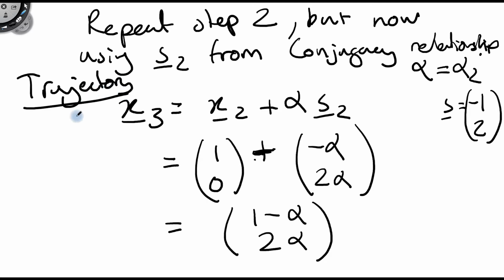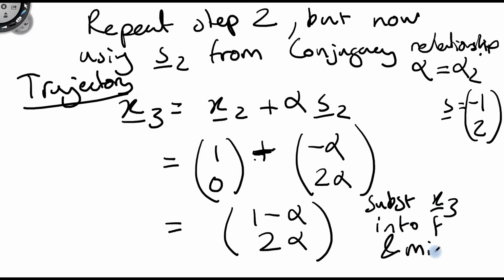This is called the trajectory stage of the step, and then we minimize along the trajectory. So that's our trajectory now, a different function of alpha than it was with the gradient descent. We now need to substitute x3 into f and minimize with respect to alpha.